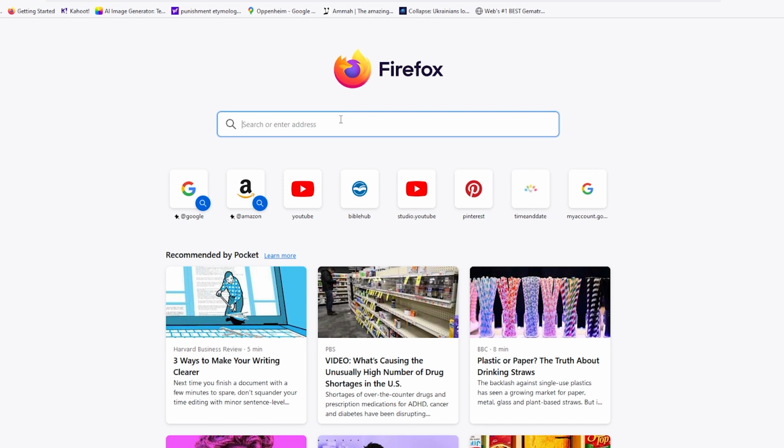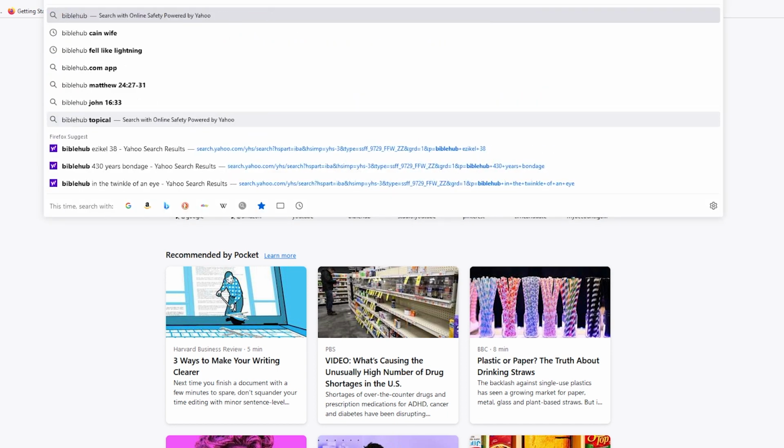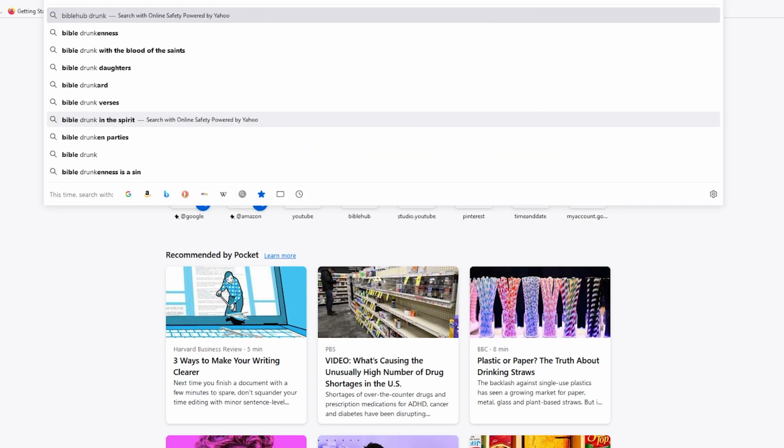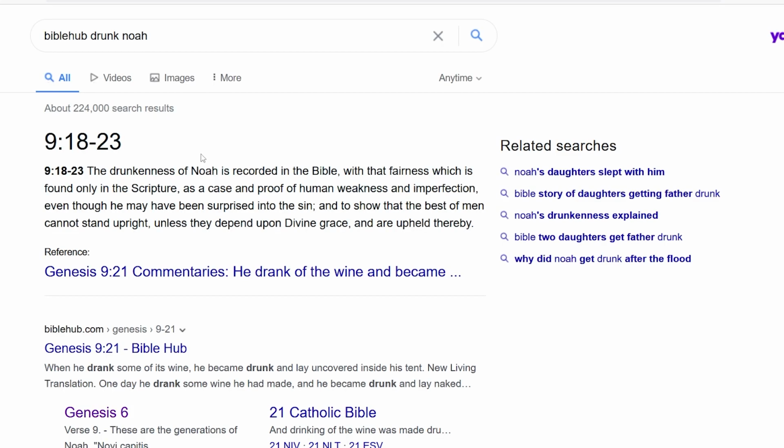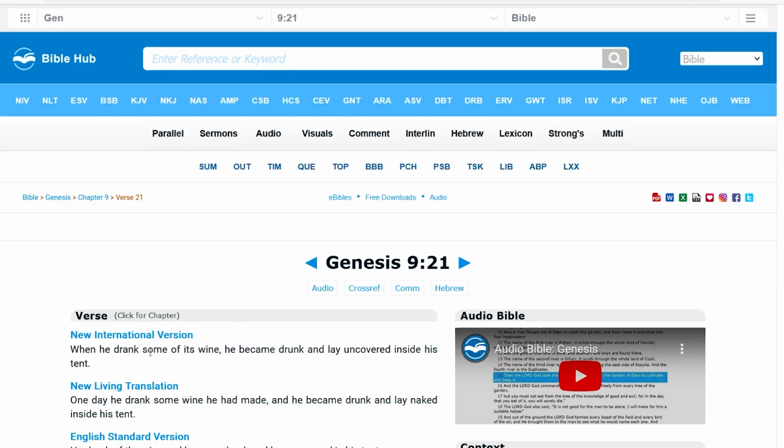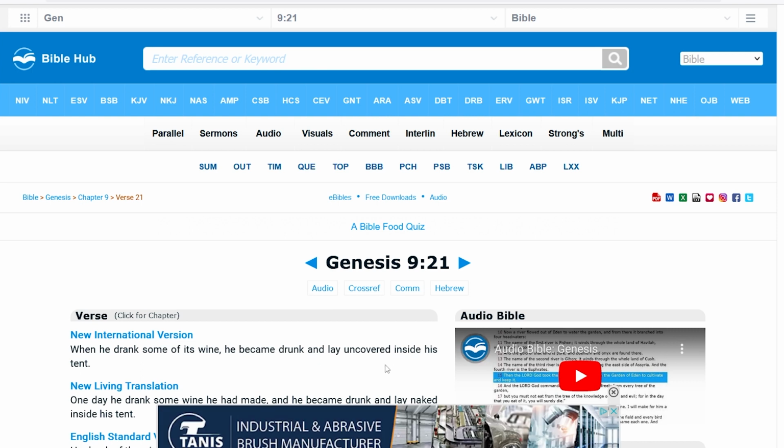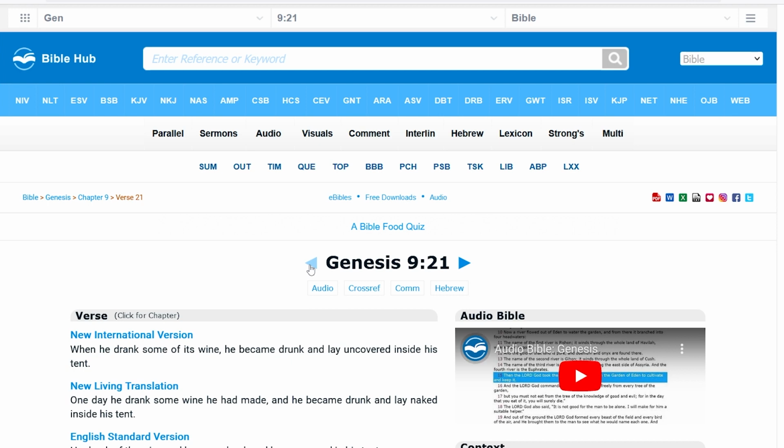All right, well, what about this? When he drank some of its wine, he became drunk and lay uncovered inside his tent. Looks like they had tents in there.